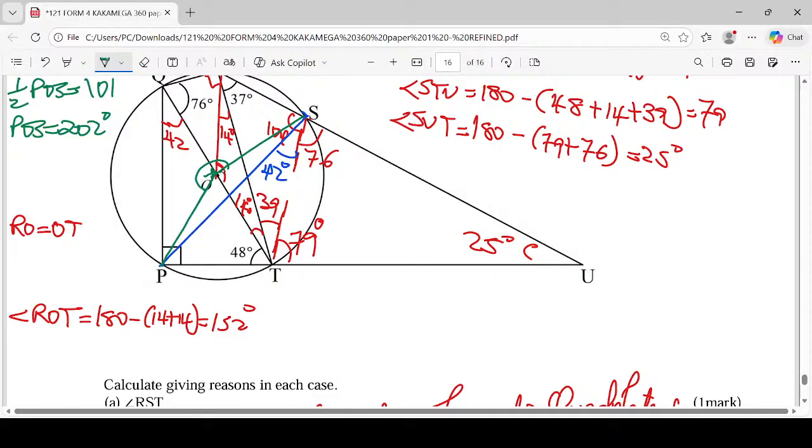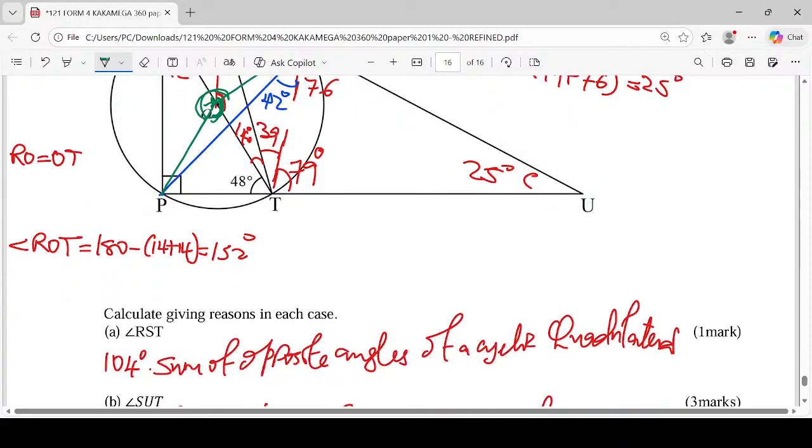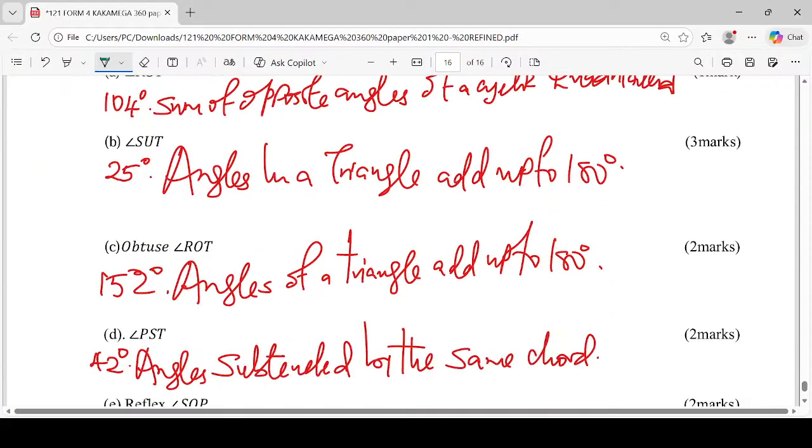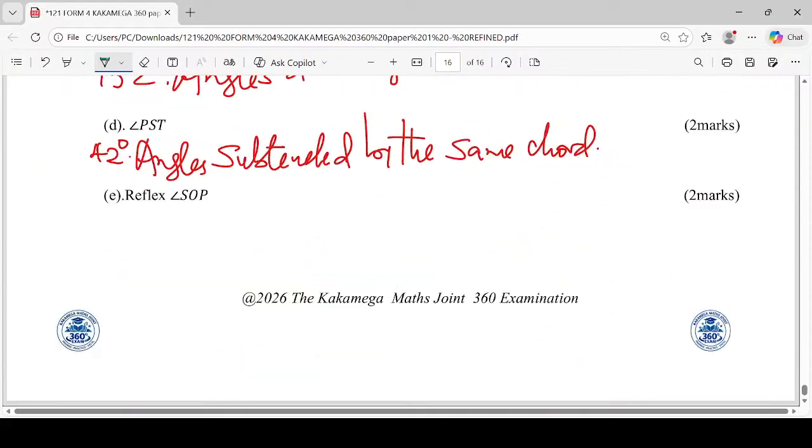This angle. Its reflex now will become 360 minus 202 degrees.